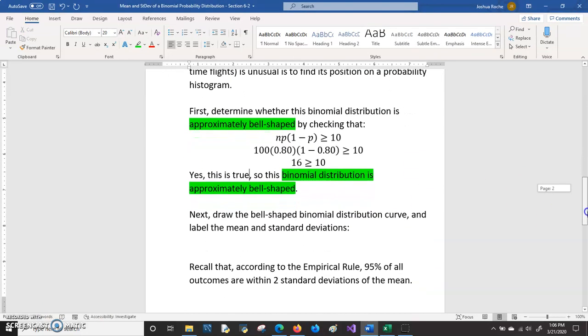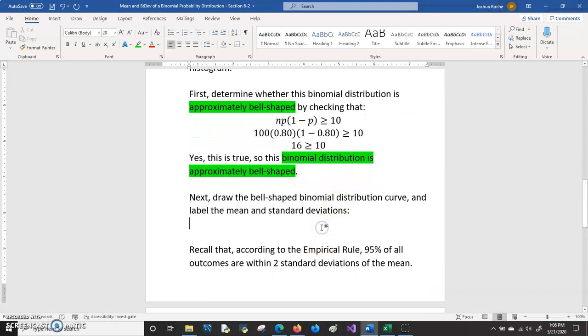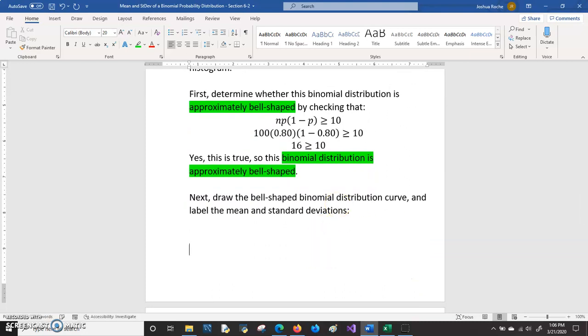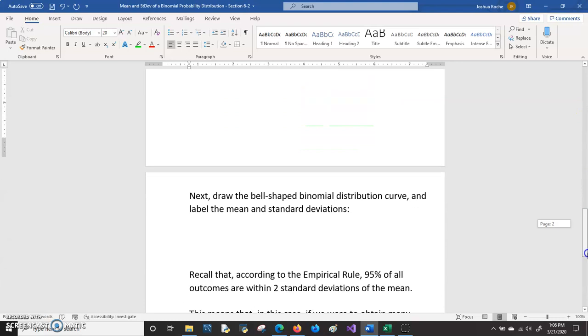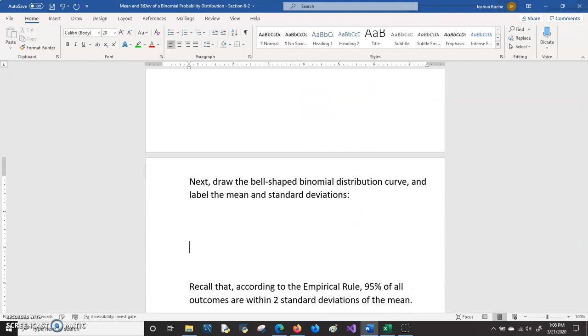So now that we know it is a bell shape, it helps to draw out the curve and label the mean and the standard deviations. So I'm going to do my best to draw out this bell-shaped curve.